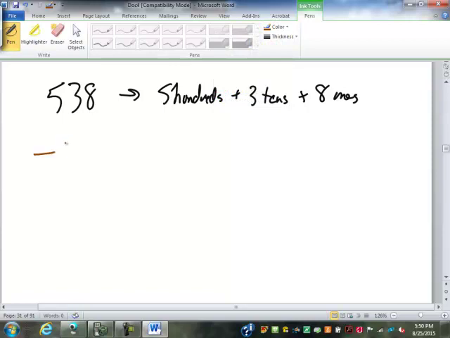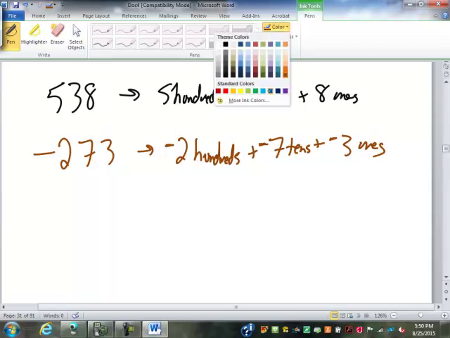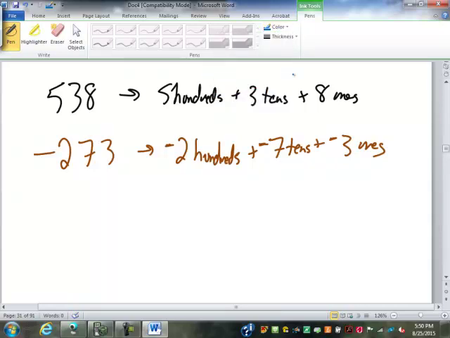If I have a negative 273, that is a negative 200, and a negative 70, and a negative 3 ones. Every digit of the number is either positive or negative. In an algebraic number, each digit can be positive or negative on its own. We can have 7x squared, negative 3x, and a positive 11.